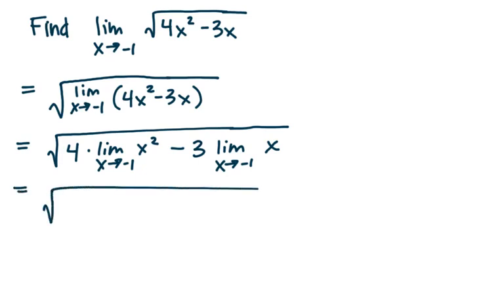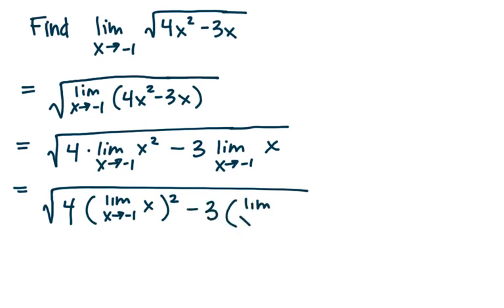Or I can write that one further step, 4 times the limit as x goes to negative 1 of x, quantity squared, minus 3 times the limit as x goes to negative 1 of x.